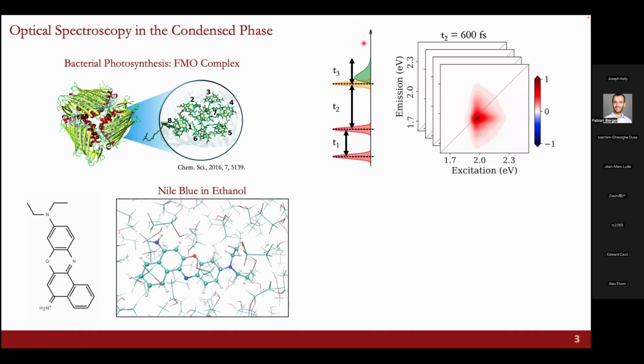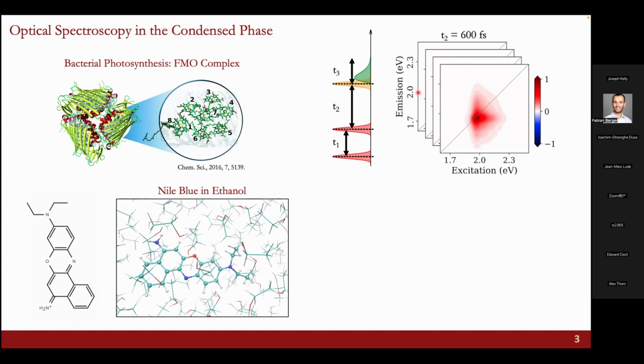And so what you end up getting is this time series at different T2 delays, mapping the excitation along the x-axis of the Fourier transform of this T1 and the emission along the y-axis to track how the energy is moving as you go from short time delays out to long.